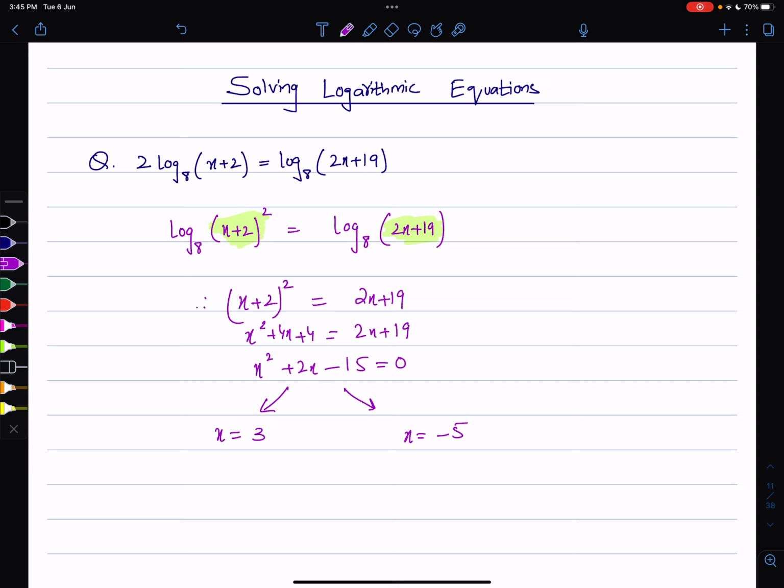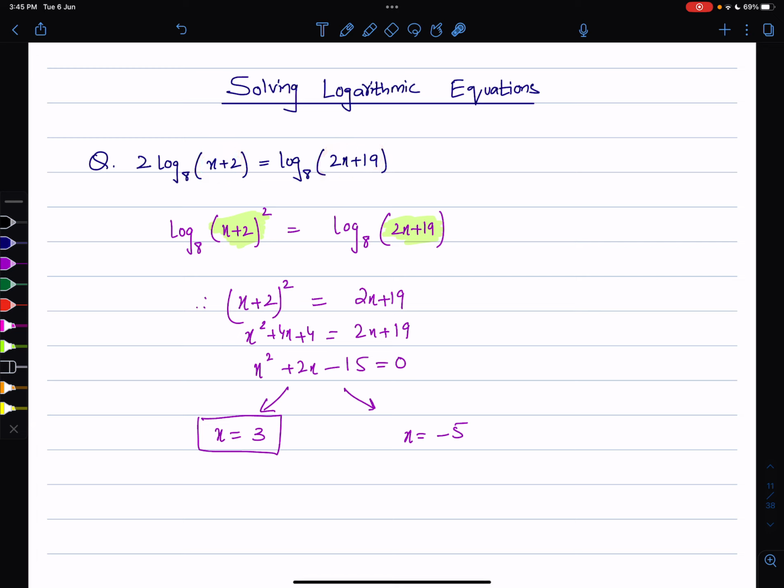But we are always going to check our answers. Let's check x equals 3. If we plug in 3 in this equation, the log is defined. Log is defined for a positive value, so this value must be a positive number. We need to select that value of x which is going to give us a positive value, because logs are only defined for positive values.